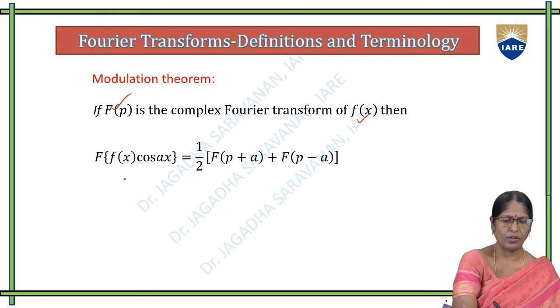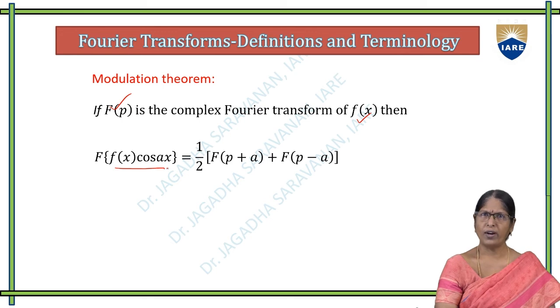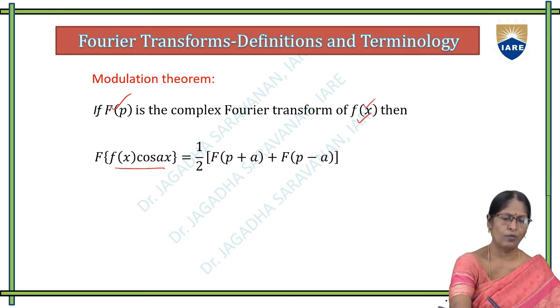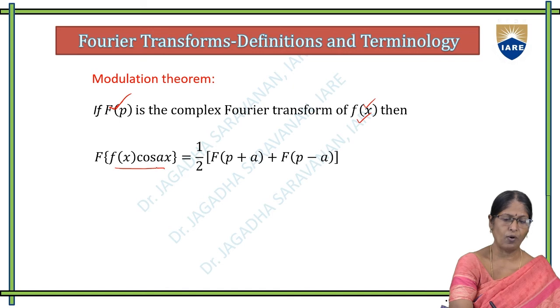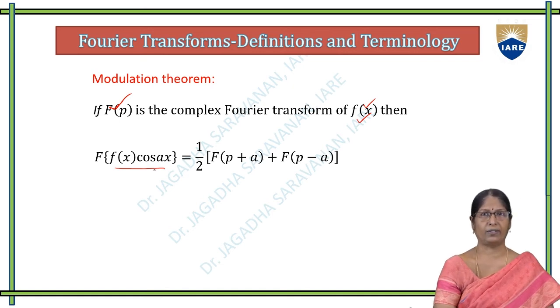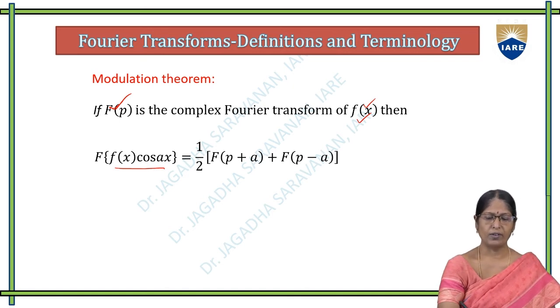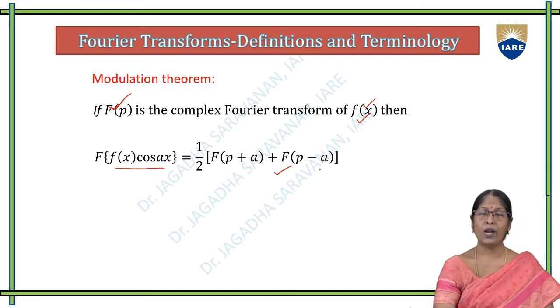Here, suppose our function is f of x, and its Fourier transform is capital F of p. But now our function is f of x cos ax. So the result is 1 by 2 of F of p plus a plus F of p minus a.